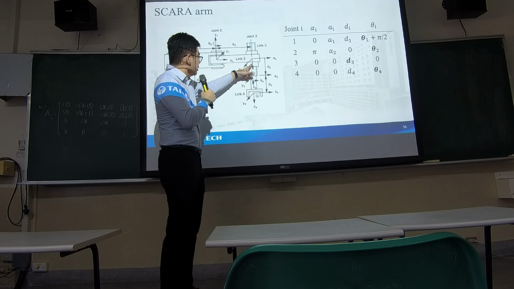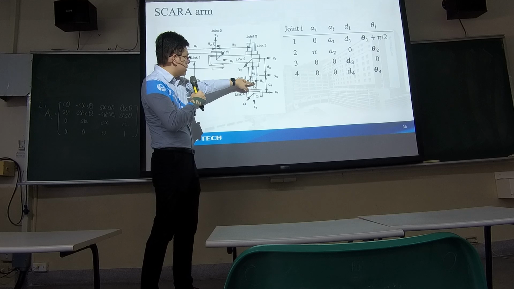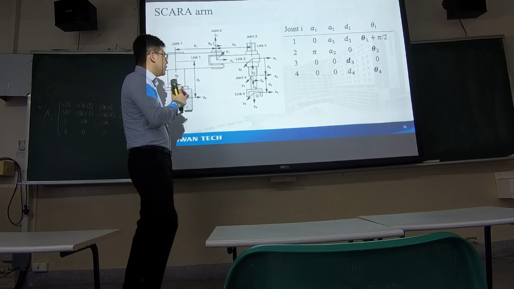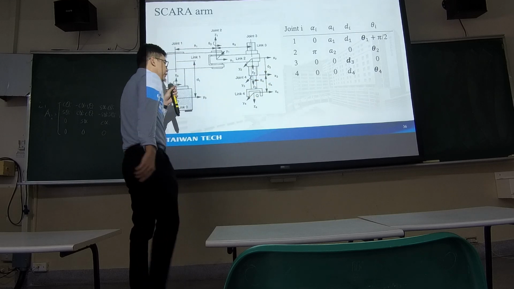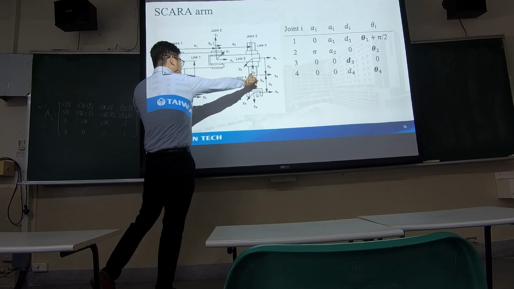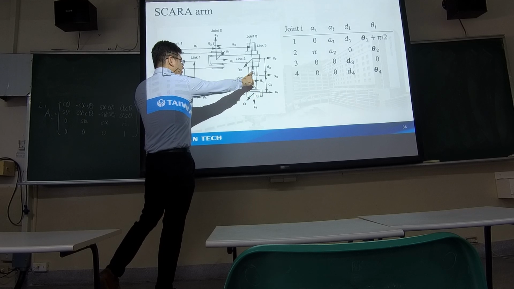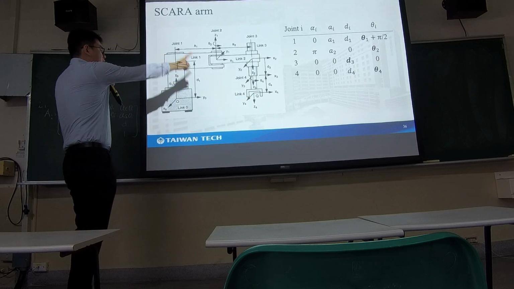And for the last one, the rotation is here, so we also set it downwards. And we just copy x3 to x4. This is also like moving reference frame 3 to here, and we get all the frames.